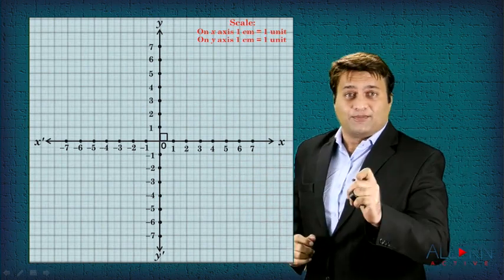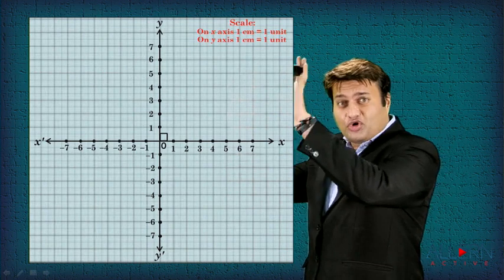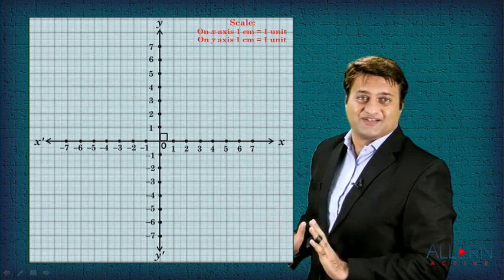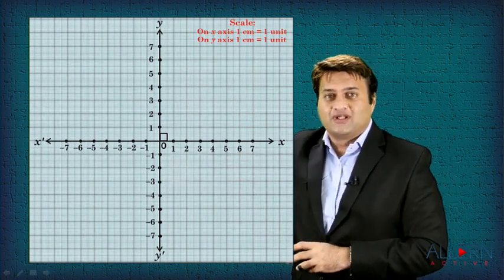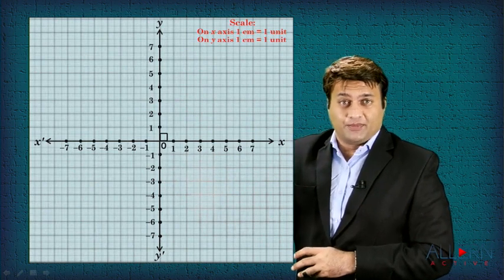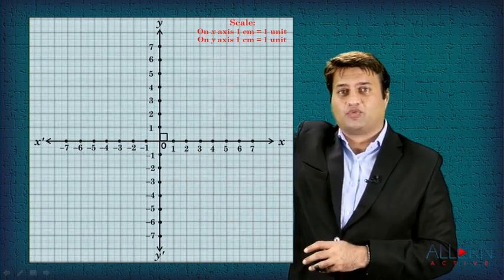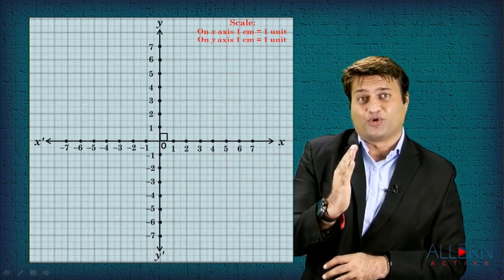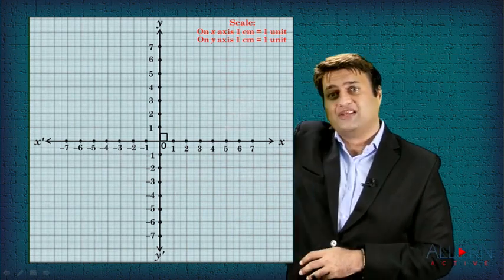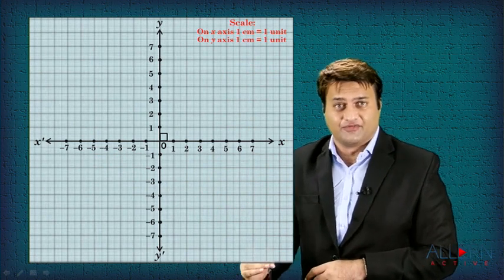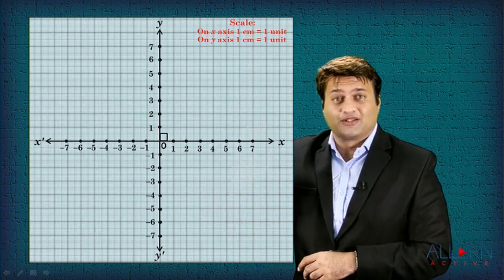But before we start plotting the points, you should always keep your graph paper ready like this. In the sense, both the lines should be at the center of the graph paper, right? You should mark the axis properly, like x, x dash, y, y dash, where x represents the positive side, x dash the negative values, y positive, y dash negative, right? Don't forget to mark the origin.